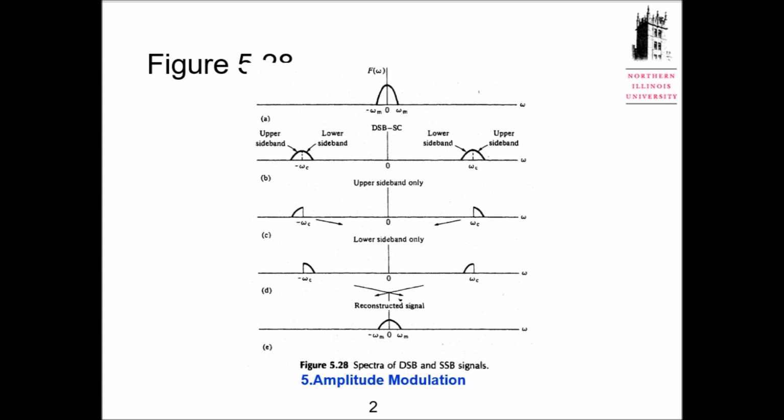So the first one is my original signal, right? This one is the double sideband suppressed carrier we mentioned before.